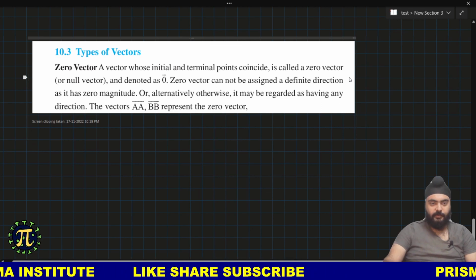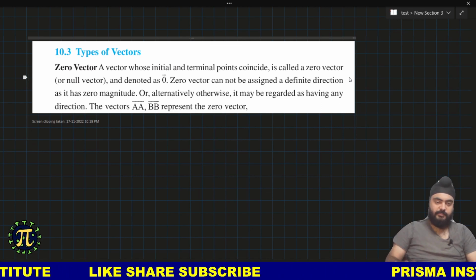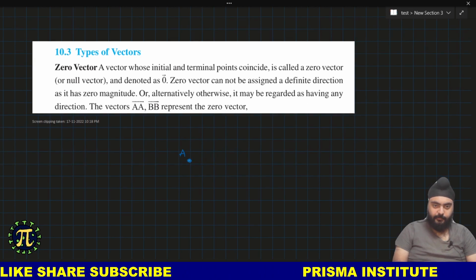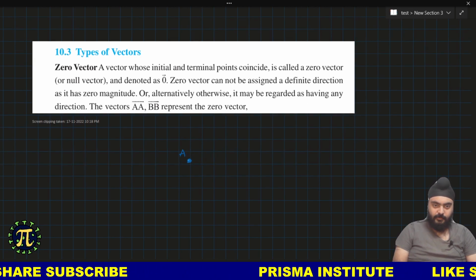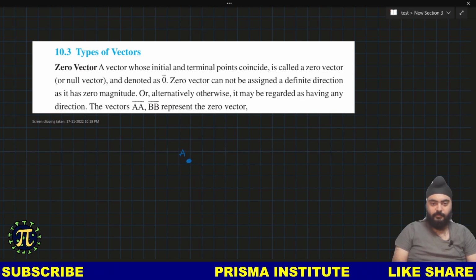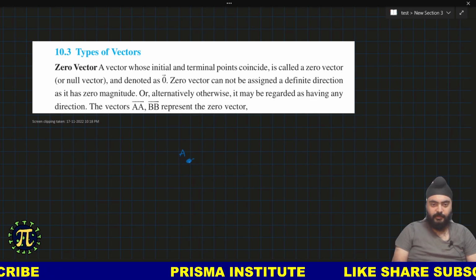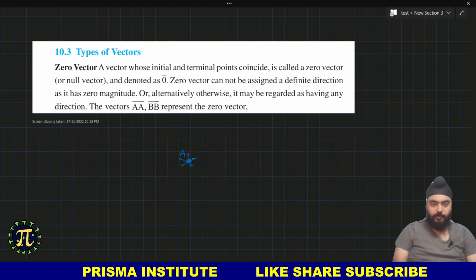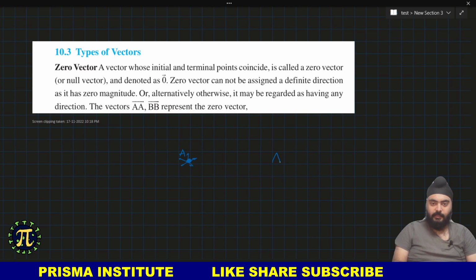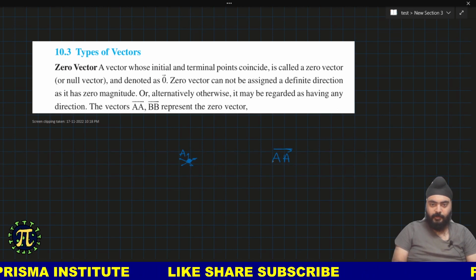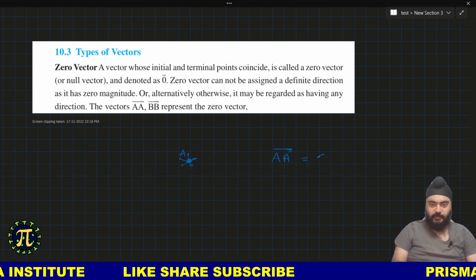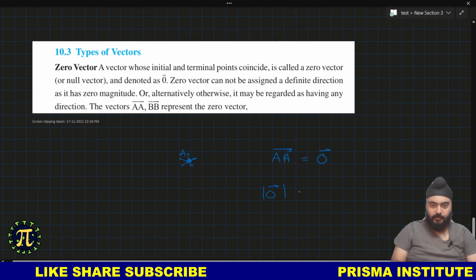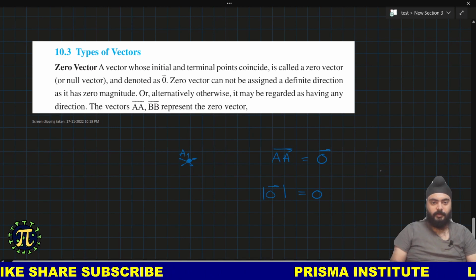It is called a zero vector or a null vector. If I have a point A and my vector starts at point A and ends at A, we cannot define the direction of the vector. It can be here, here, here, because we are not actually going from one point to another. So the initial point is A, the final point is A, and this is a null vector, and the length of the null vector is 0.